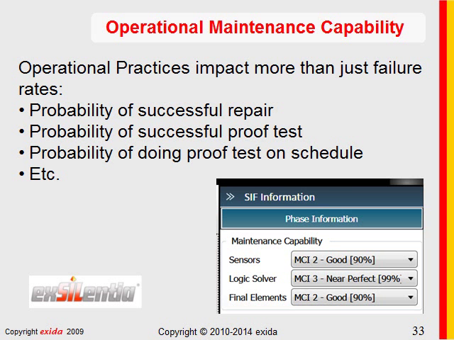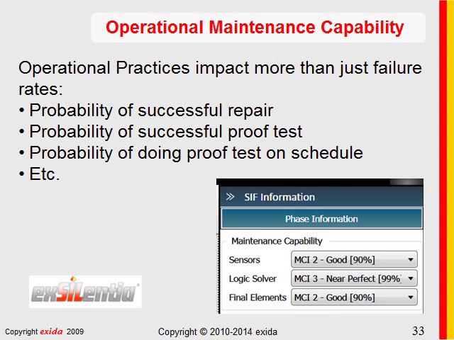We also discovered, in a paper published at the Reliability and Maintainability Symposium 3 years ago, that probability of successful repair varies significantly from site to site. Probability of successful proof test varies from site to site. And probability of doing a proof test on schedule is highly variable from site to site.